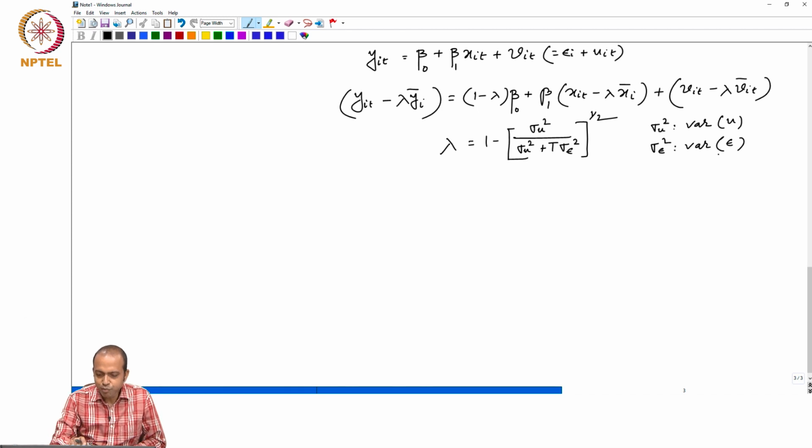To get this transformation we need lambda hat.